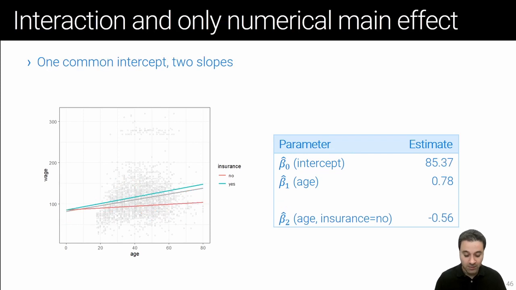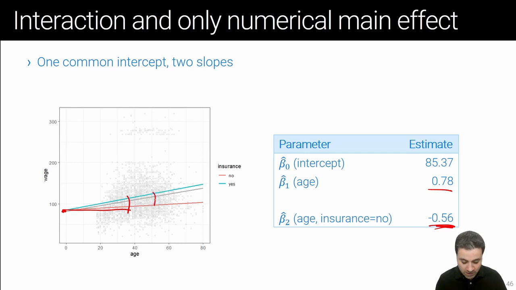What would it look like? In this case, it would be one common intercept and two different slopes. So what we have now is one common intercept beta 0 at 85. That's this point over here. And then we have a slope of 0.78 for group yes. So that is the slope of the blue line. And we see we have a negative deviation for the red group.